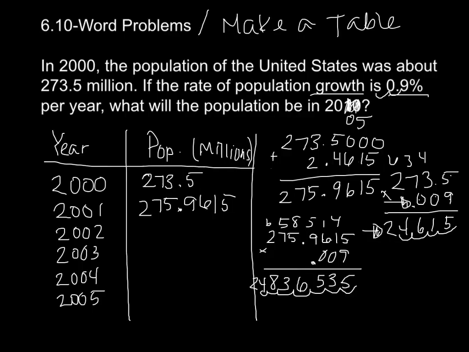So again, it's going to be about 2.5-ish. So we take our original number, add our increase. We'll just keep it with 4 decimal points.